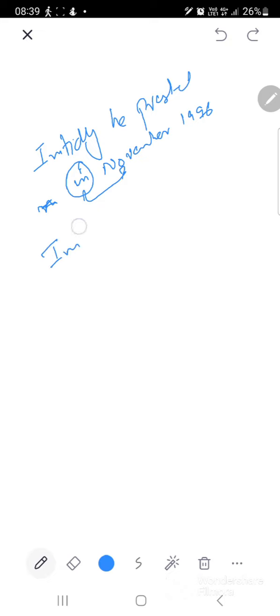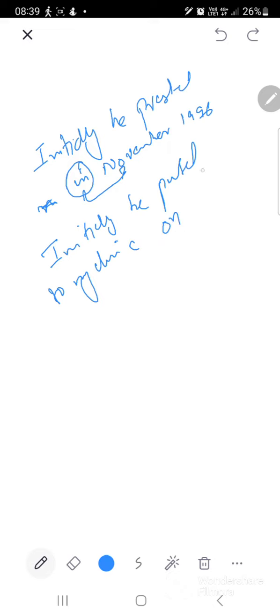We can also write down initially he presented to my clinic on, maybe if you have the date, for example, 1 November 1996. We can write those two dates in this way. Initially he presented to my clinic on this date, or initially he presented in November.